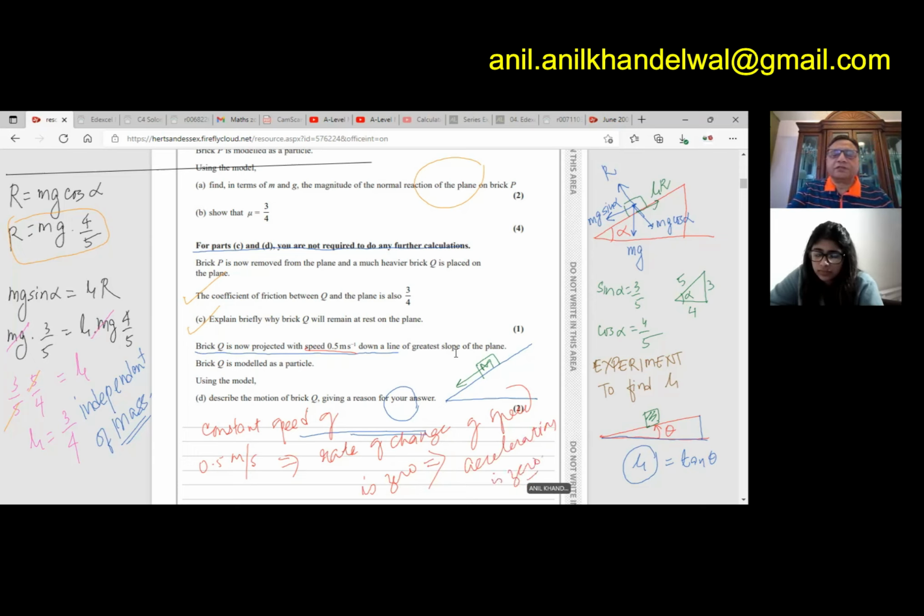So if acceleration is zero, there is no additional force applied to it. There is no change in force, because force is equal to ma, right? Yeah. Acceleration is zero, net force is zero. Oh, yeah. That makes sense.